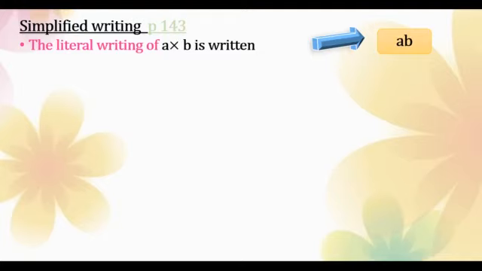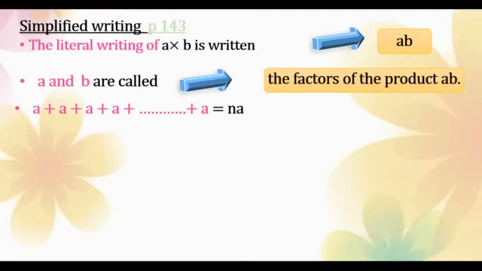It means ab, it means a times b. So a and b are called the factors of the product ab. The result of this operation is ab.